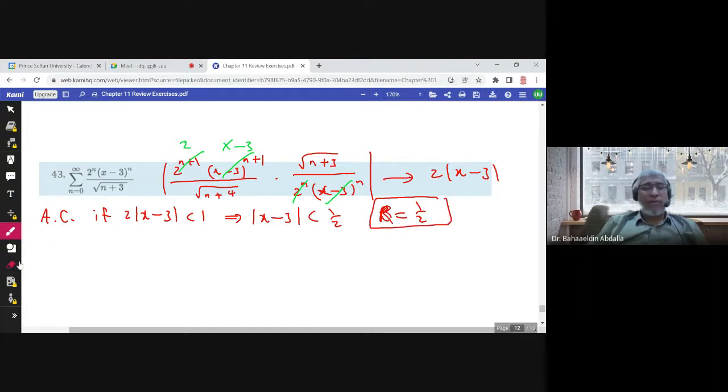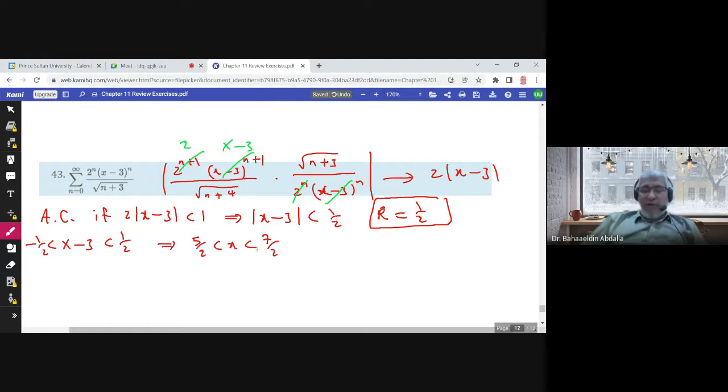Okay. And the interval of convergence would be x minus 3 between negative half and half, adding 3. 3 minus half is 2.5, which is 5 over 2. 3 plus half is 7 over 2.